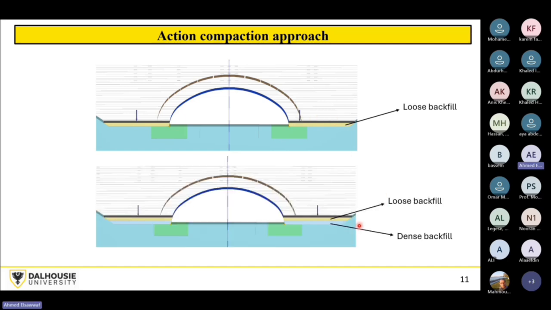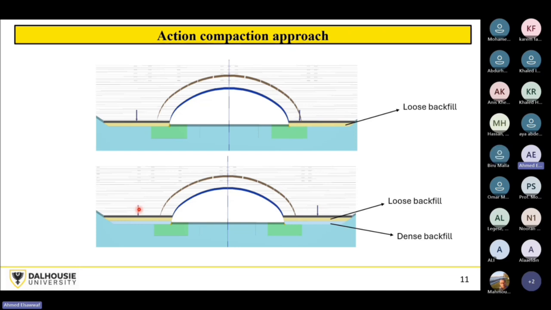And then in the second and subsequent phases, the first layer, which is 30 centimeters thick, by the way, is changed to dense state, and then you place a new soil layer, again in the loose state, with the corresponding surface surcharge.